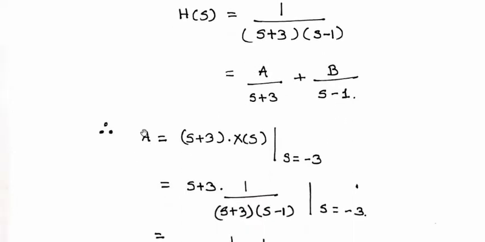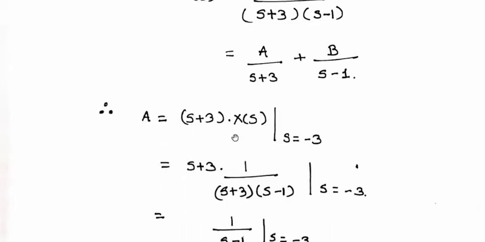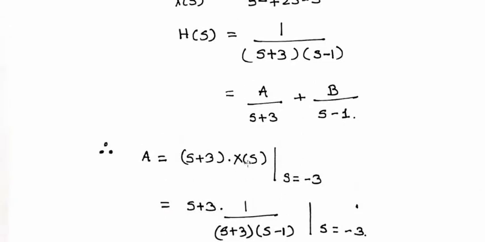So how is a obtained? The value of a is equal to the corresponding factor s plus 3 into x of s, and this product has to be evaluated for s is equal to minus 3. In this case, please consider x of s as h of s.